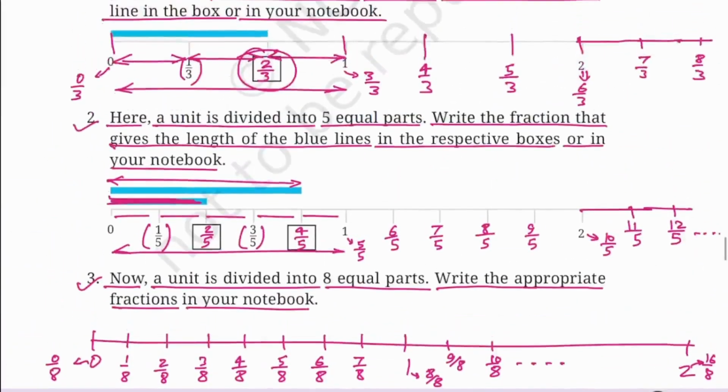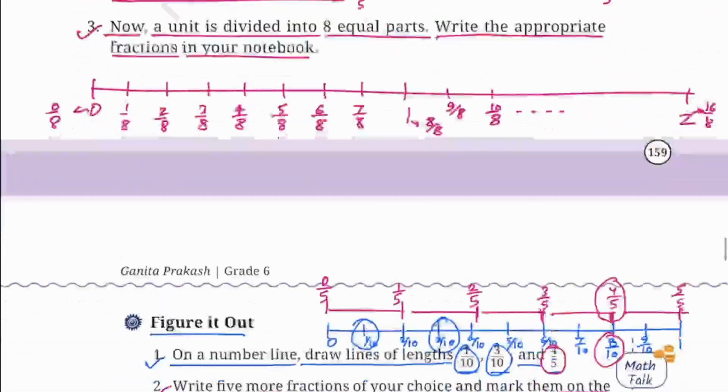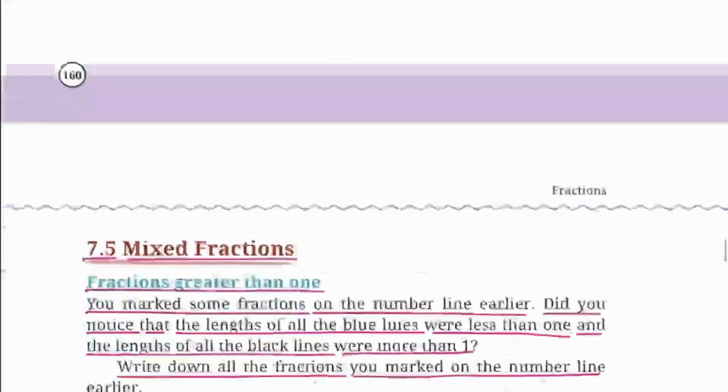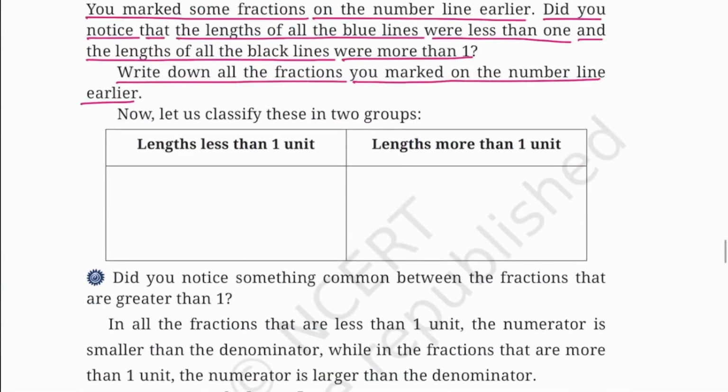You can write the fractions of these here in the box. Now let us classify them into two groups: length less than 1 unit, length more than 1 unit.